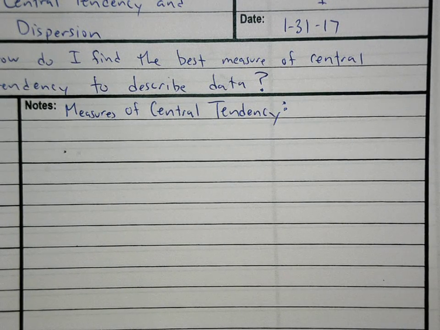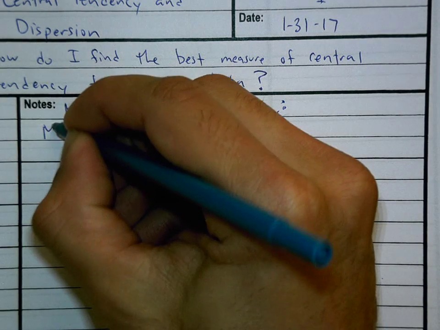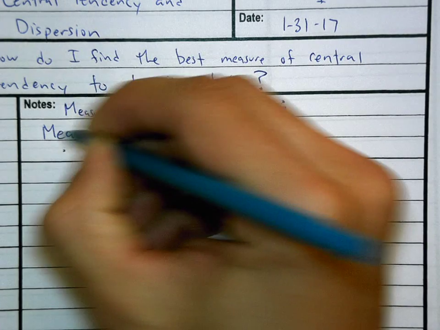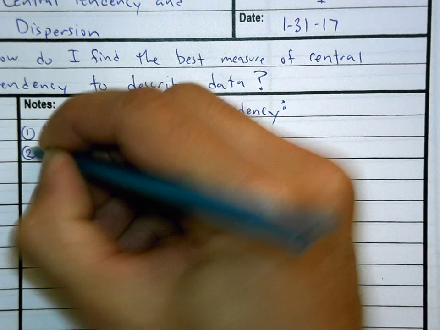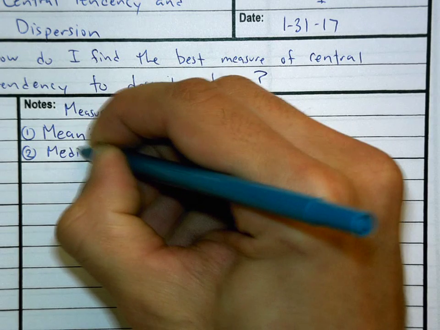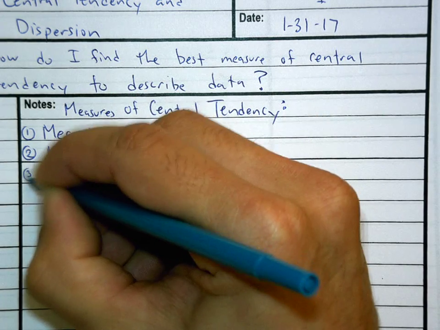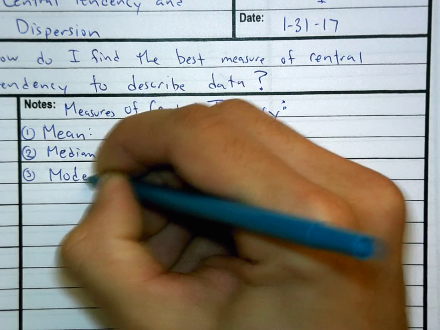There are three measures of central tendency. You've heard of them before, but we're going to write them down. Mean, median, and the mode.